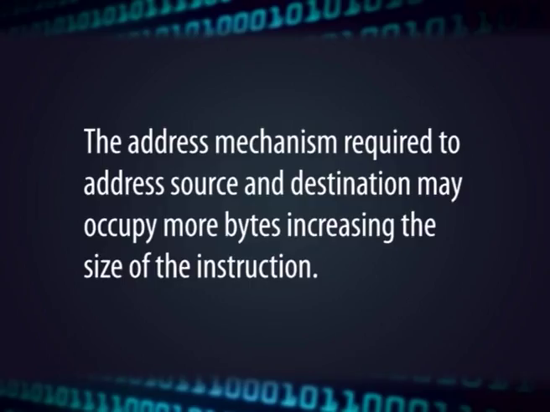The reason is that the address mechanism required to address source and destination may occupy more bytes, increasing the size of the instruction. Instead, move instructions are available to transfer the data from memory to internal registers and then move it to the desired memory location. So, a single memory-to-memory operation is dealt with the help of two move instructions.